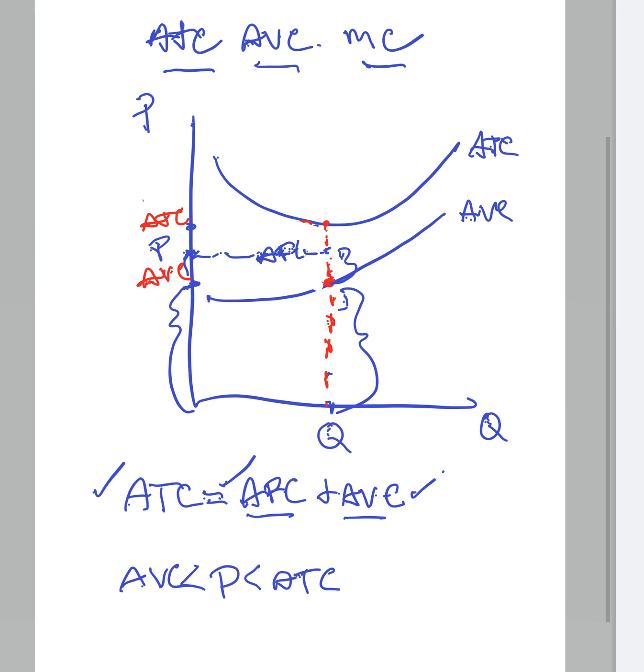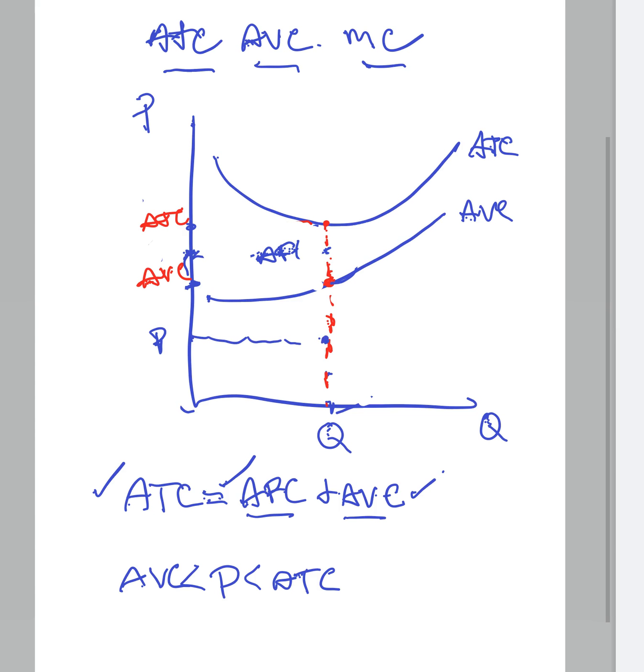Well, what if your price falls even further? Let's clean it up a little bit. Get rid of that price. Now let's lower the price. What if your price falls to right here? Well, if your price falls here, notice how your revenues fall here.